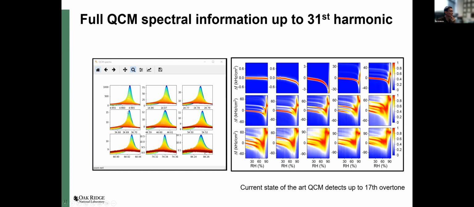This is just a few examples of how the frequency of overtones changes as a function of environments. You can see delta F is the shift in frequency, and delta D is dissipation.